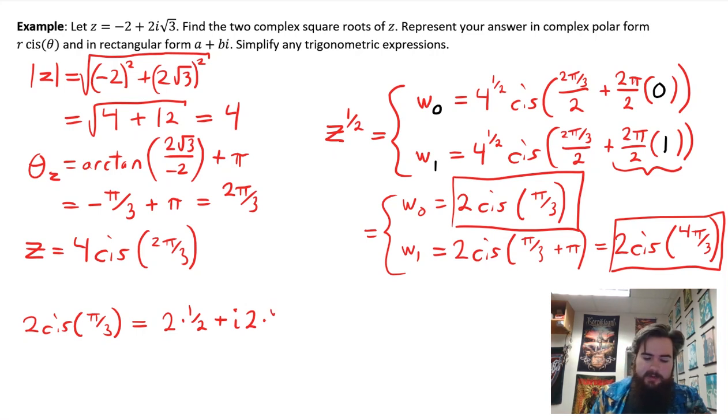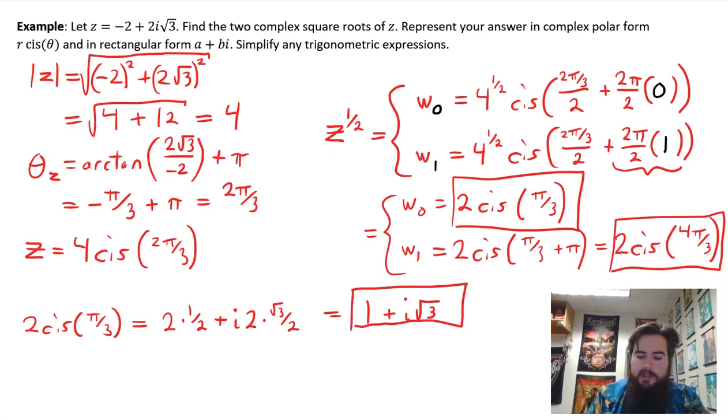And sine of pi over 3 is square root of 3 over 2. So that would be 2 times 1/2 is just 1. 2 times square root of 3 over 2 is just the square root of 3. So I'll say 1 plus i times the square root of 3, or 1 plus square root of 3 times i if you would prefer.